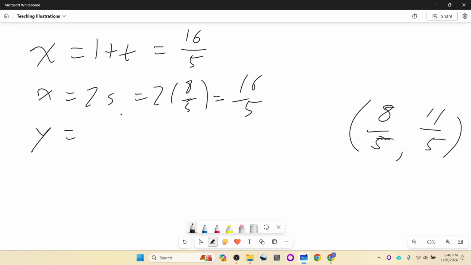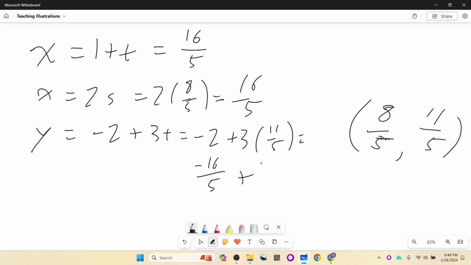Y is negative 2 plus 3t. Don't mix up your s and your t at this point. It would be negative 2 plus 3 times 11 over 5. That's negative 10 over 5 plus 33 over 5, which is 23 over 5.